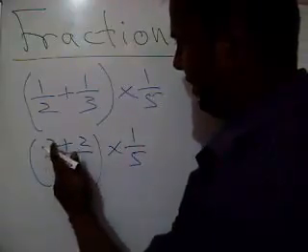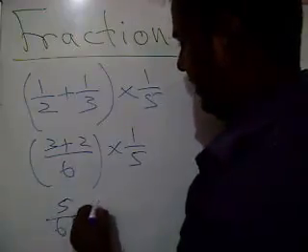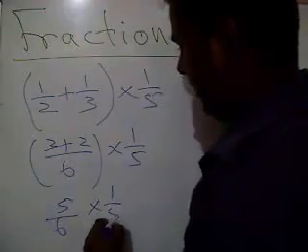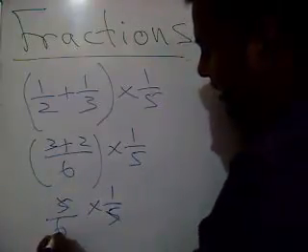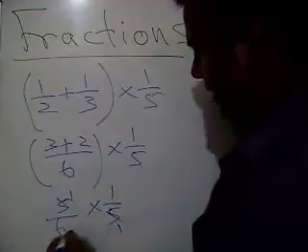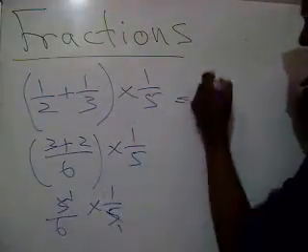Here we simplify this: 3 plus 2 is 5. So 5 over 6 into 1 over 5. This 5 cancels this 5, 6 into 1 is 6, 1 into 1 is 1.